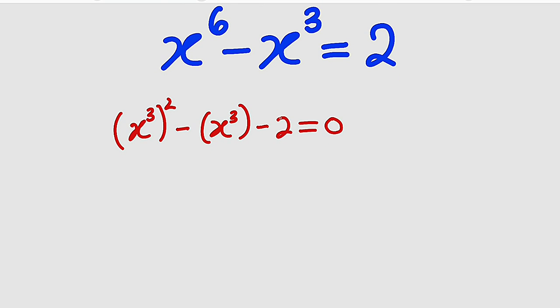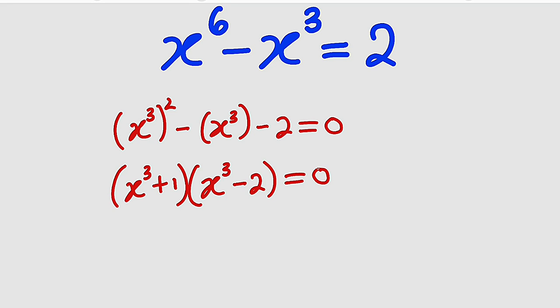Just think of two numbers that you can multiply to get -2, but when you add them together, you get -1, and the numbers are -2 and +1. So we have x to the power of 3 plus 1, multiplied by x to the power of 3 minus 2, and this is equal to 0.